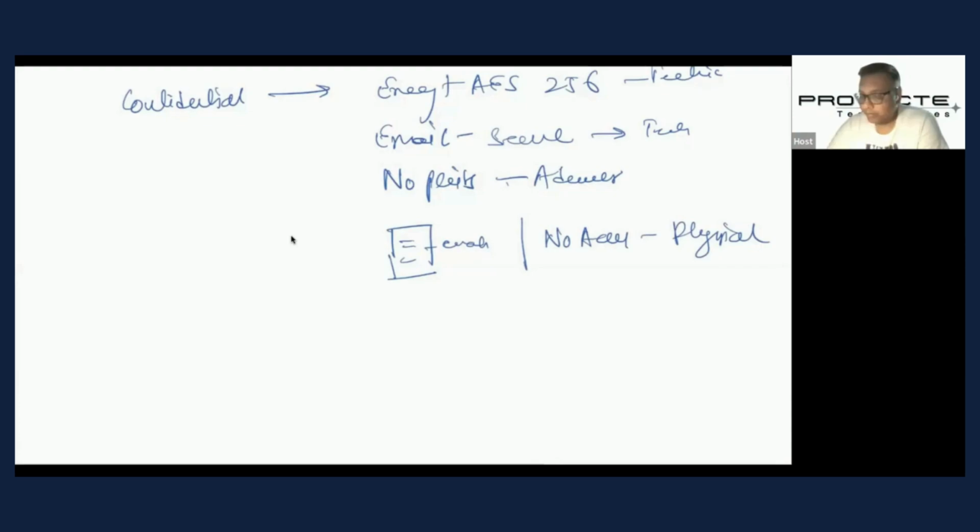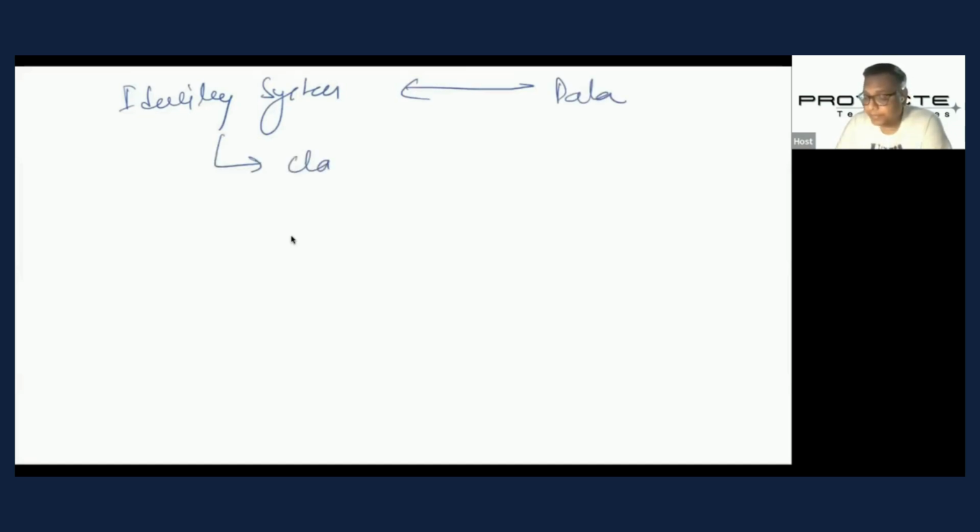So now, once you have identified the data, you will also have to identify the systems which are using this data, right? And those systems will be classified at the same level. If certain systems handle PHI, those physical systems or logical systems will also be given that same importance.